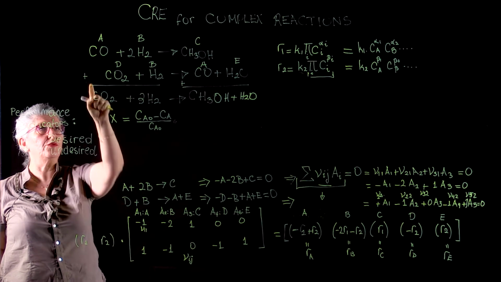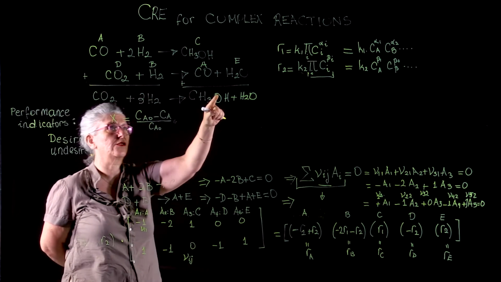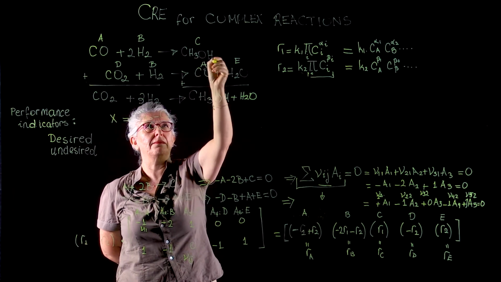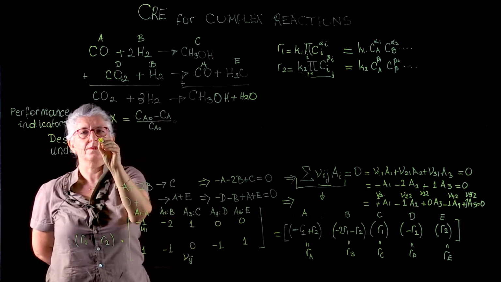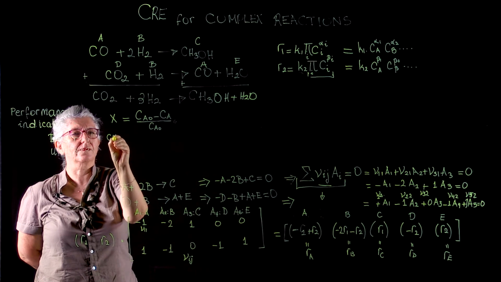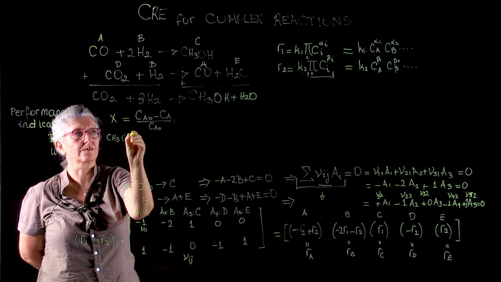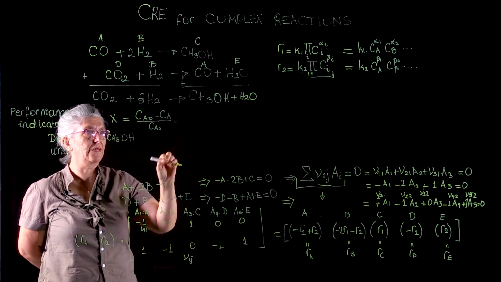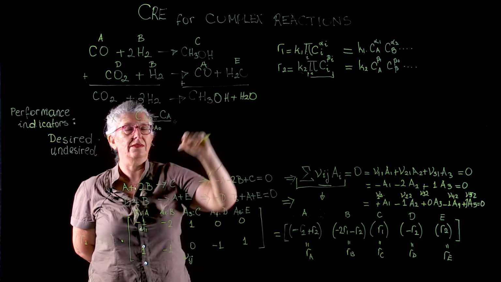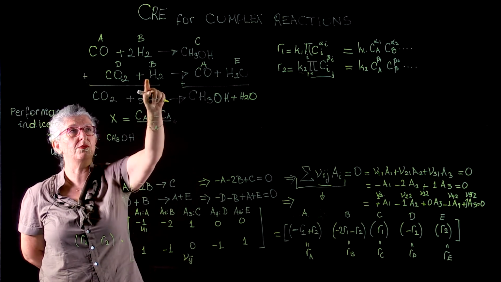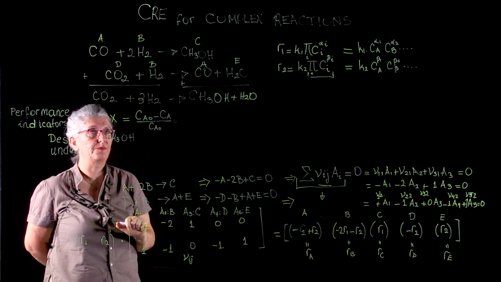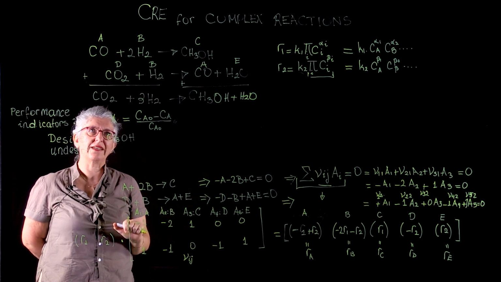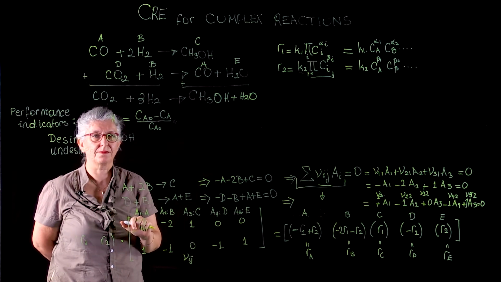The desired product in this reaction network is methanol. And the undesired product is water, it is consuming our useful reactant, which is hydrogen. Okay?